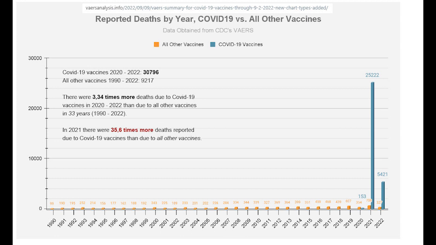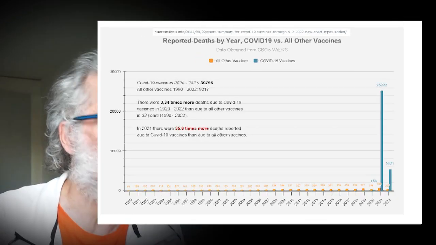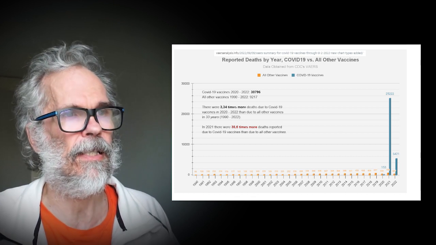There were 3.34 times more adverse effects related deaths reported due to COVID-19 vaccines in 2020 to 2022 than due to all other vaccines during these more than 30 years. And in 2021 there were 35.6 times more adverse effect related deaths reported due to COVID-19 vaccines than due to all other vaccines.